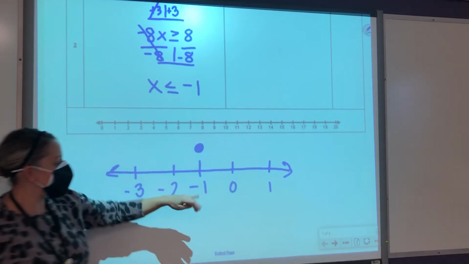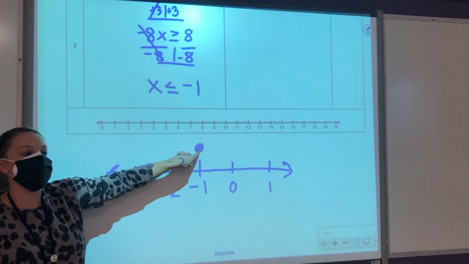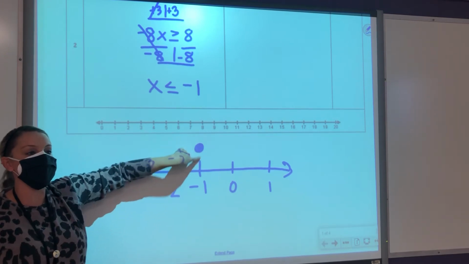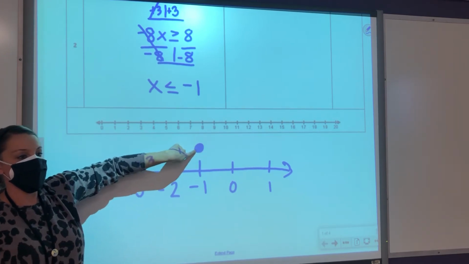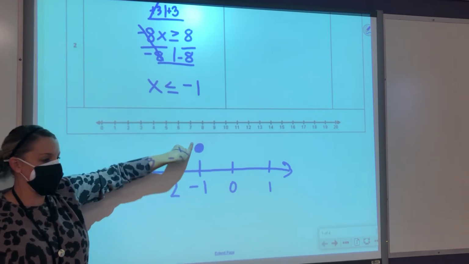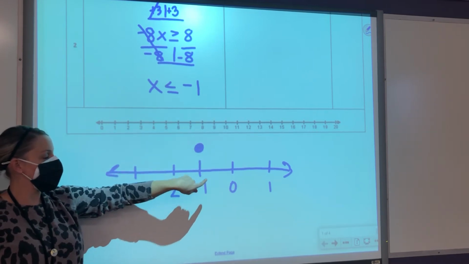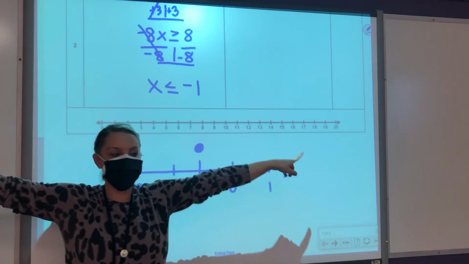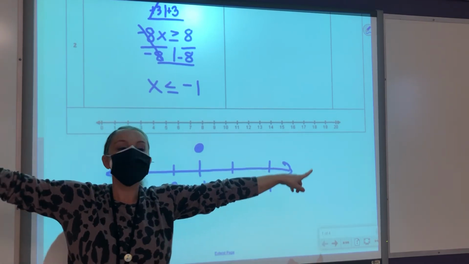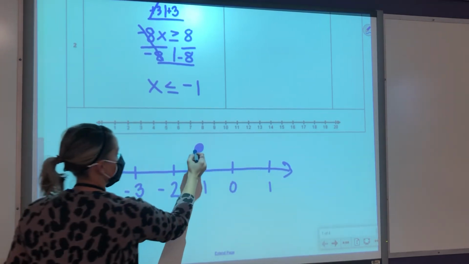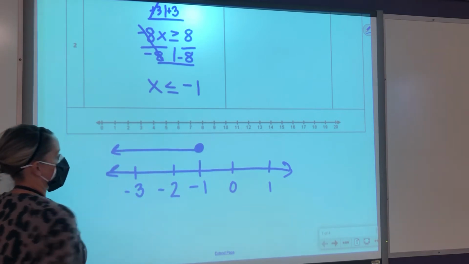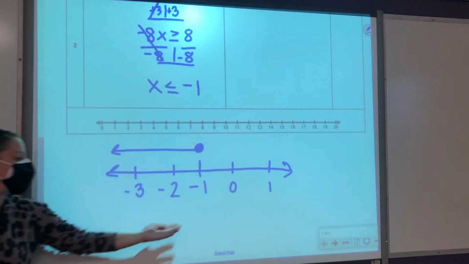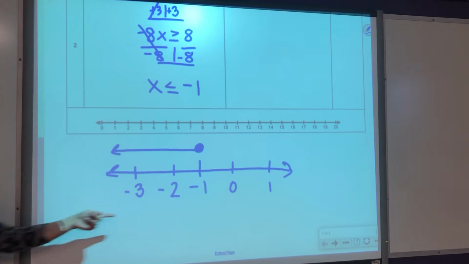Less than or equal to means I can use it, so I fill in my circle. Show me, left or right. Less than is a left. So all of these solutions from negative 1 all the way to negative infinity are going to be solutions to my inequality statement.